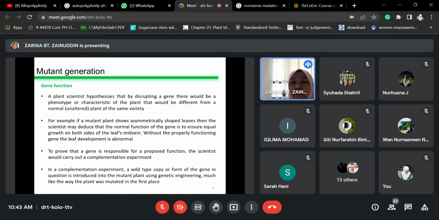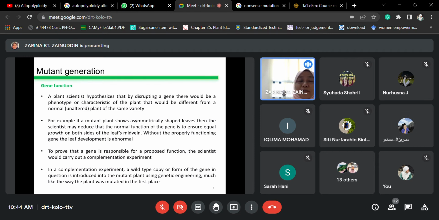Without the properly functioning gene, the leaf development is abnormal. So when we mutate that gene, suddenly the leaf shape is different. So we can hypothesize or deduce that the gene is involved in the growth of the leaf mid-vein. Okay, do you understand?